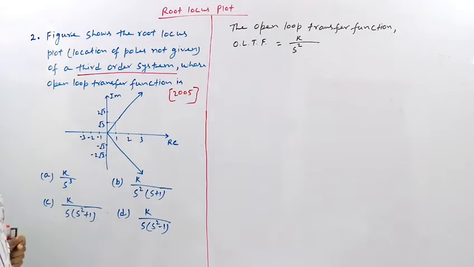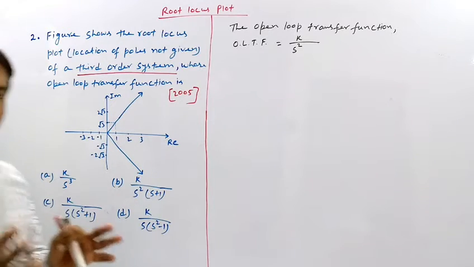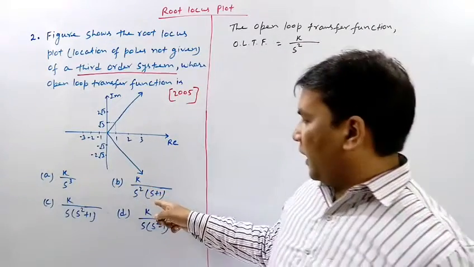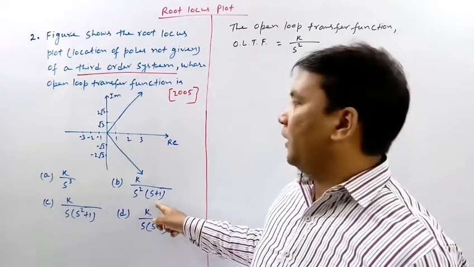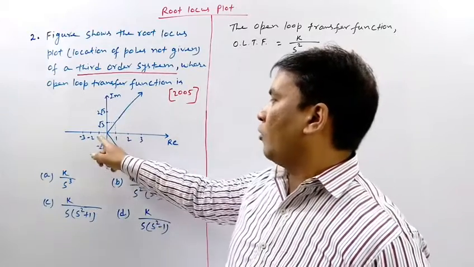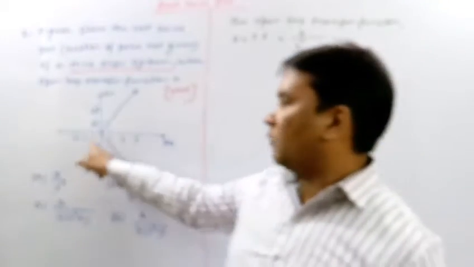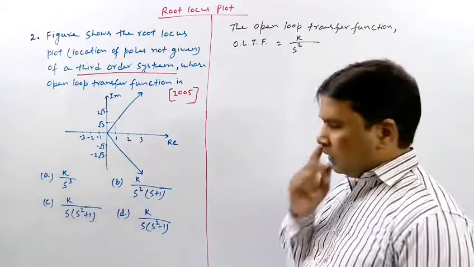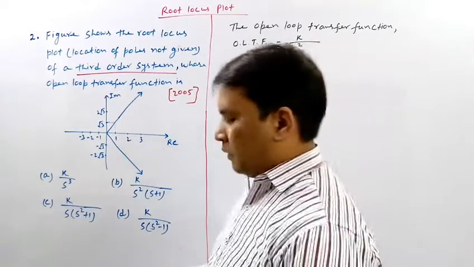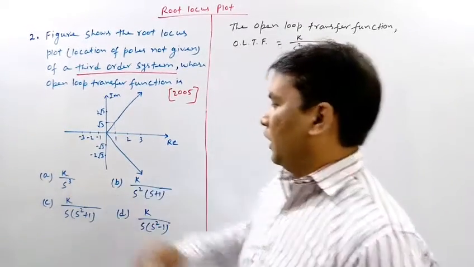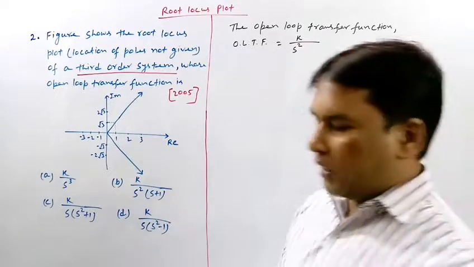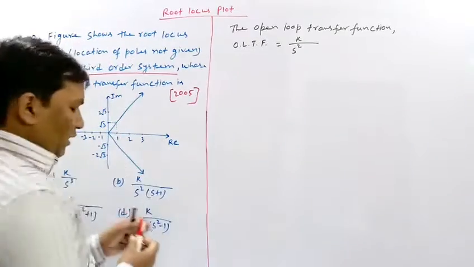The only difference between these two is that in option number B, the third pole is lying on s equal to minus 1, and in option number A, the third pole is lying on s equal to 0. Suppose the third pole is lying on s equal to minus 1. Let us take case B is correct.